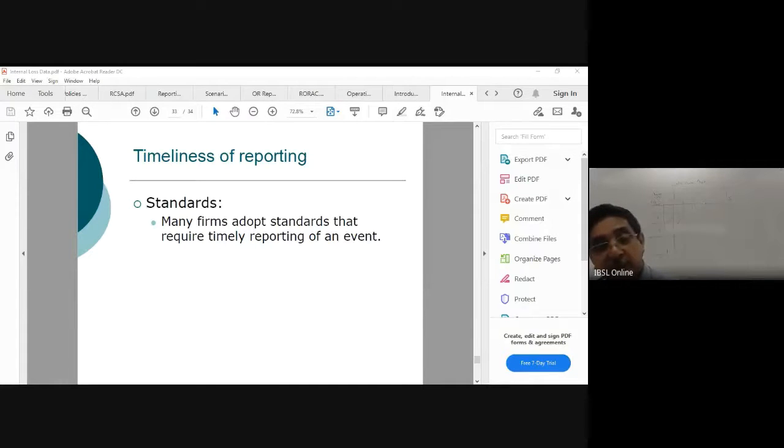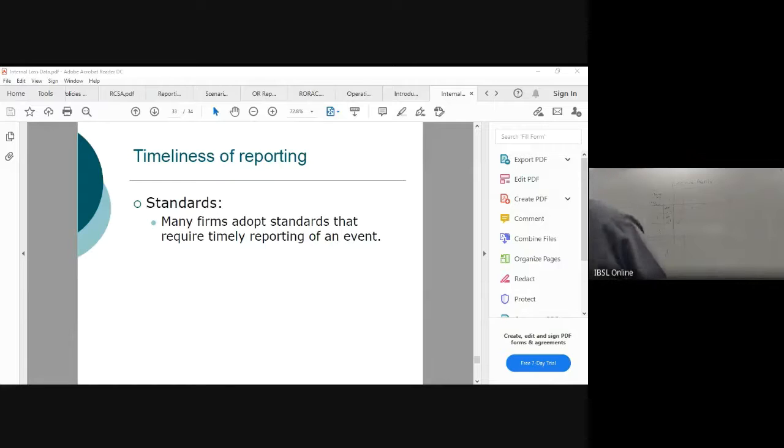Likewise, you can maintain this loss database. For example, in the first cell, you have 204.